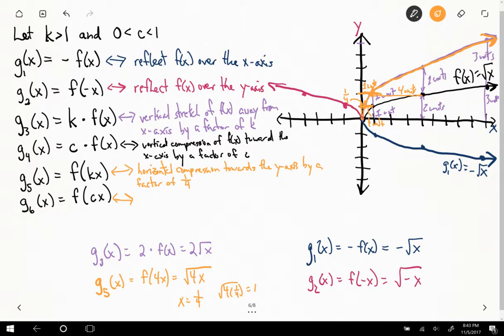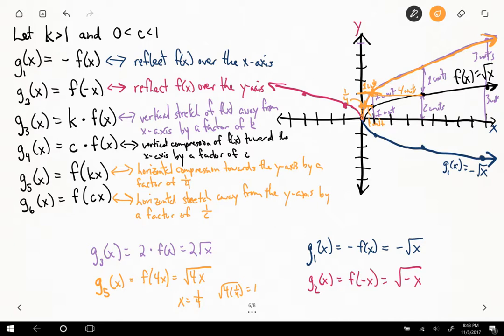And in a similar manner, we can do the cx. Instead of being a compression, this is going to be a horizontal stretch away from the y-axis by a factor of 1/c.